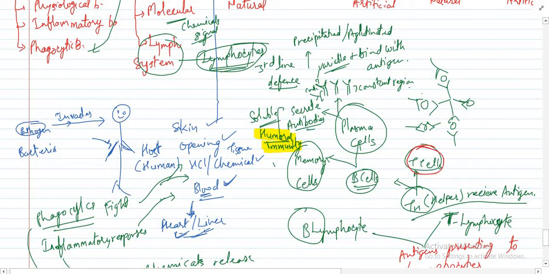As I told you, TH cells give the signal to either the B cell or the TC cell. TC cells release some chemicals.